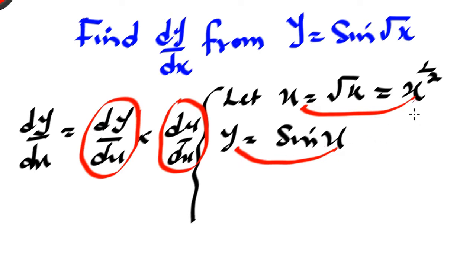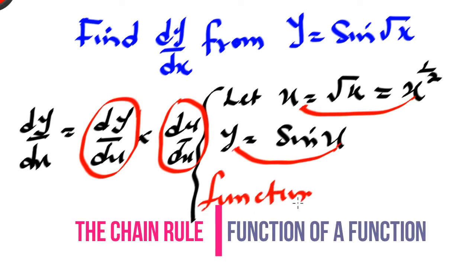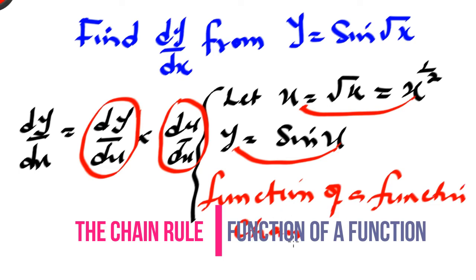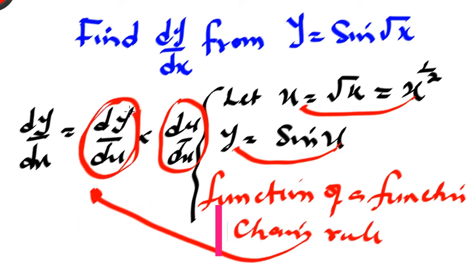This brings us to the function of a function rule approach. To find the derivative of a composite function, the chain rule is used. So we'll find dy/du multiplied by du/dx. That gives us the derivative of y equal to sine square root of x.